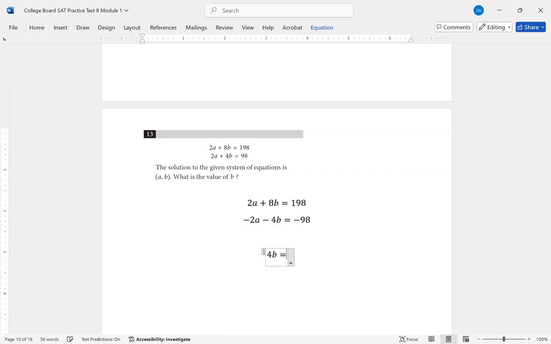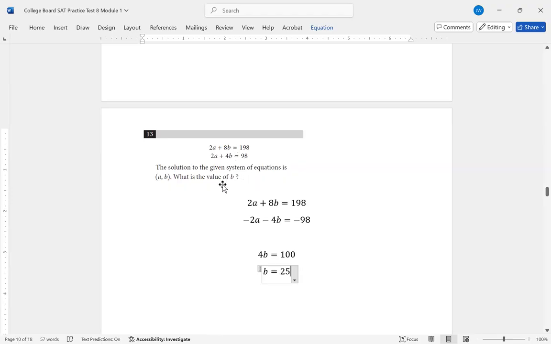And then that's going to be equal to 100 because 198 minus 98 is obviously 100. Solving for b would mean that I divide both sides by 4 and I get b equals 25. So this is the correct b value that's going to provide a solution in this system of linear equations.